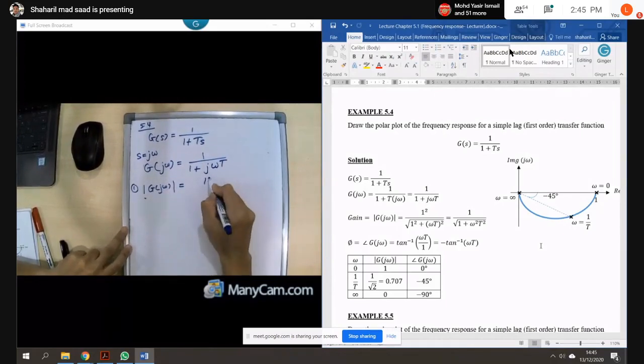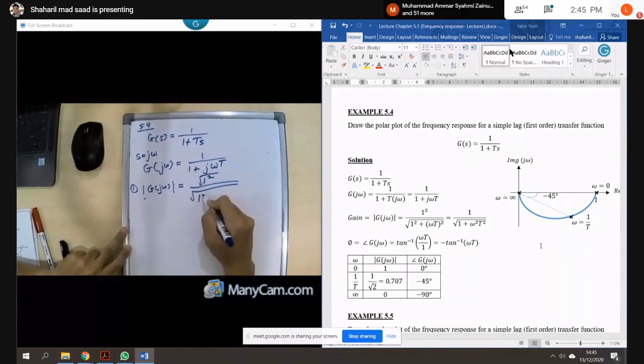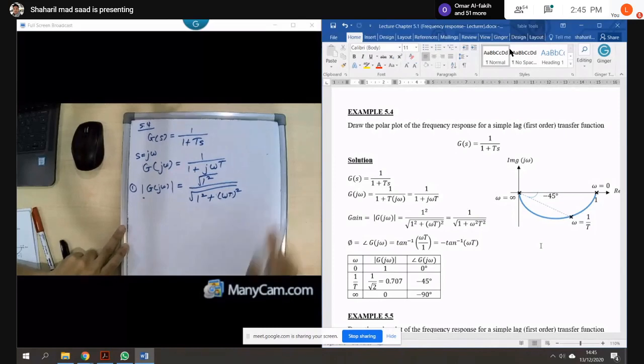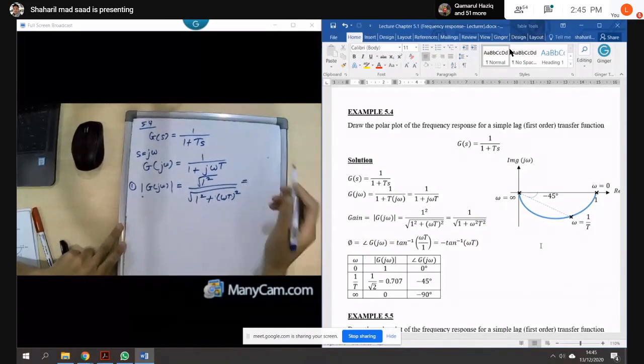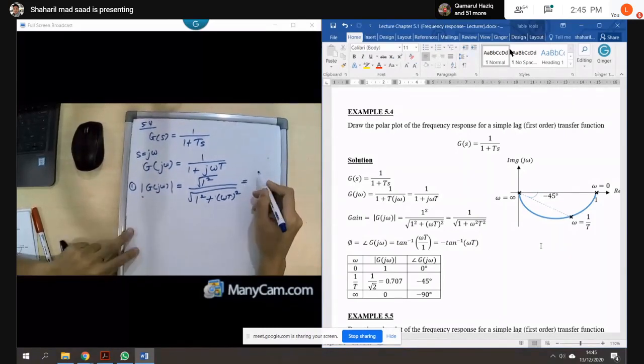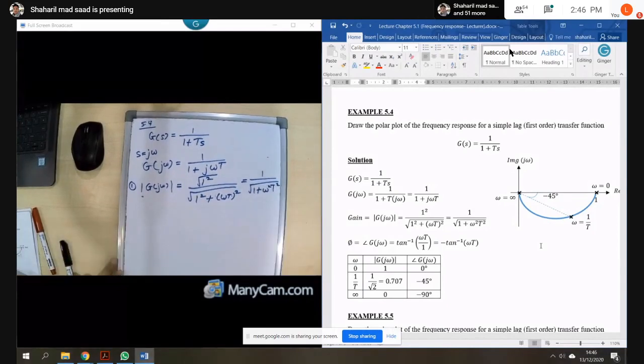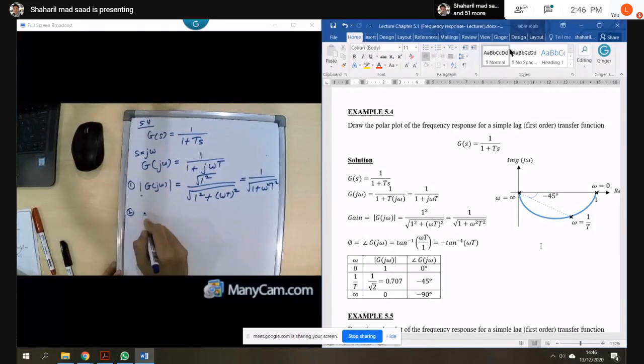Now, the gain is 1 over the square root of 1 squared plus omega squared T squared. Then when we simplify it, we get 1 plus omega squared T squared here.